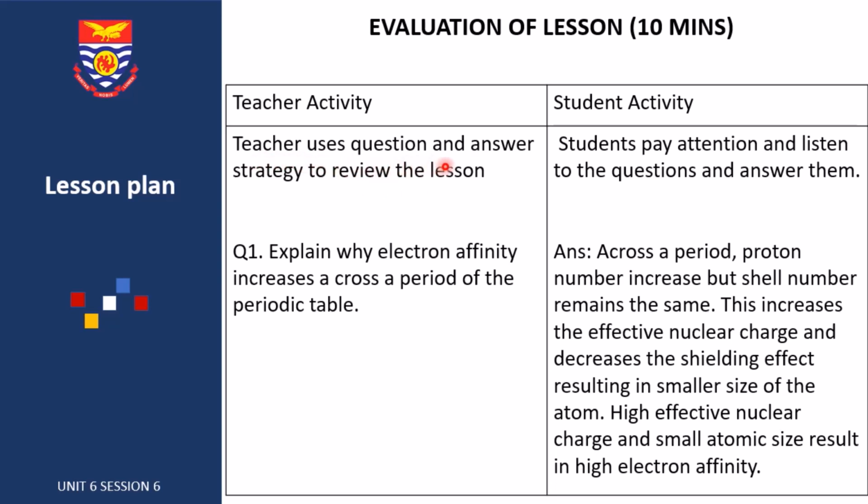Teacher uses question and answer strategy to review the lesson. What do students do? They would have to pay attention and listen to the questions so they could answer them. At this point, if they are talking, make sure they are quiet, and the only thing they are doing is listening to the questions you are going to ask them and provide answers.